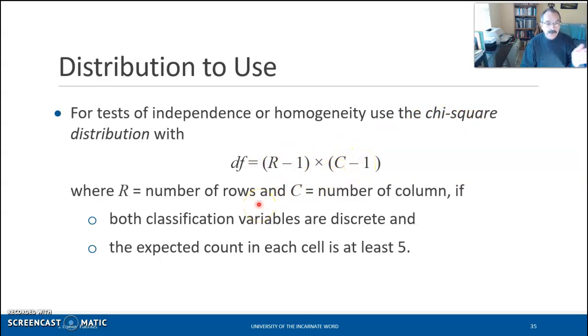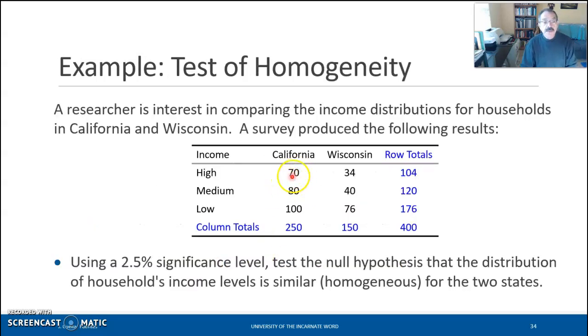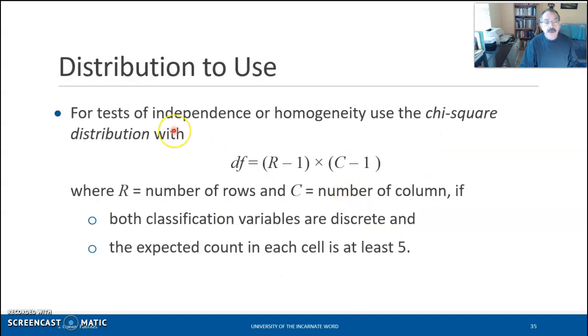And as long as both classification variables are discrete and the expected count in each cell is at least 5, then we are justified in using the chi-square distribution. I'm referring to the expected counts for each of these cells. So if the expected count is at least 5, then we're justified in using the chi-square distribution. All right, let's see how we do this.